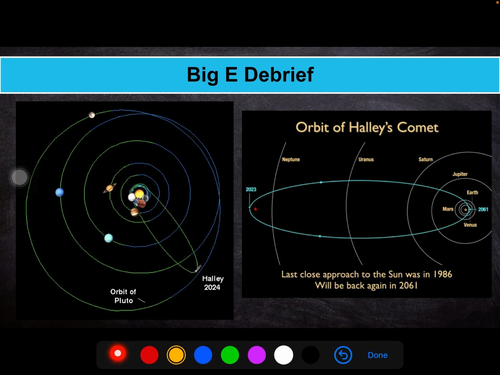We know that word as aphelion, in 2024, so coming up. So the projected return for the comet is in 2061, back to its perihelion, which we'll be able to then see from Earth without a telescope or anything.